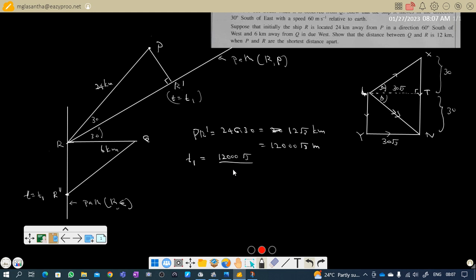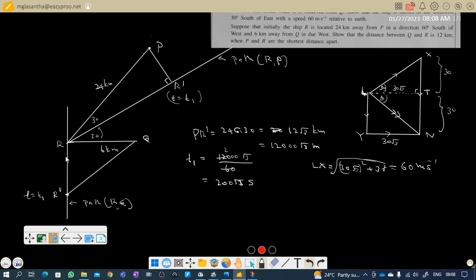What is Vx? Vx equals the square root of 30 root 3 squared plus 30 squared. This is 60 meters per second. So you divide by 60, and you will get 200 root 3 seconds. The time T1 is 200 root 3 seconds.